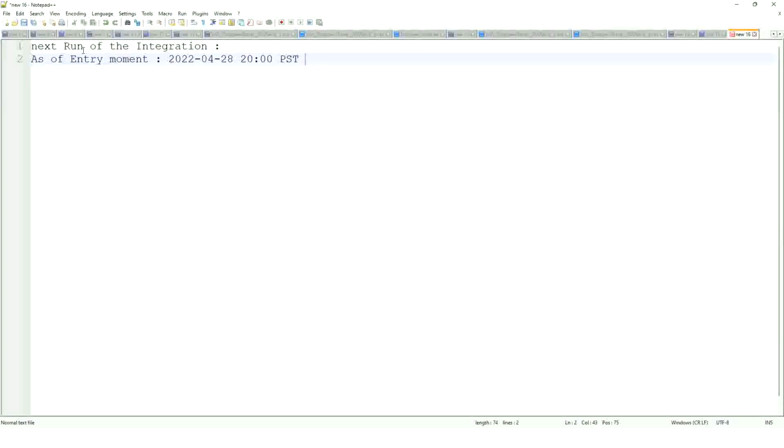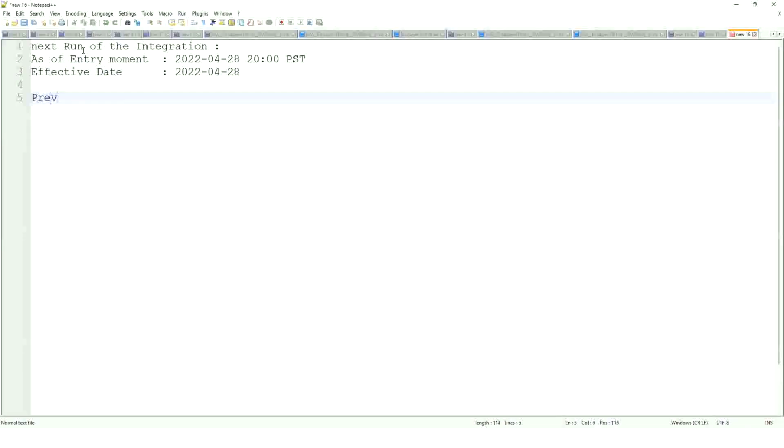That is when this integration will run. What will be the effective date? Effective date, we will use as 2022, 0428. This is the effective date that we are going to use.